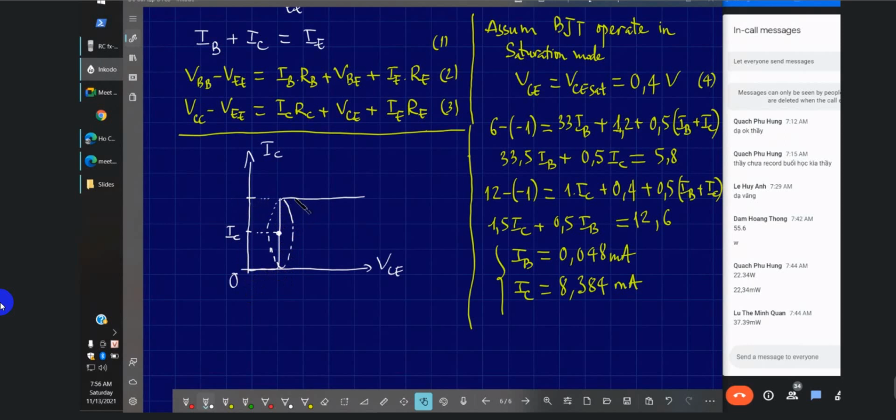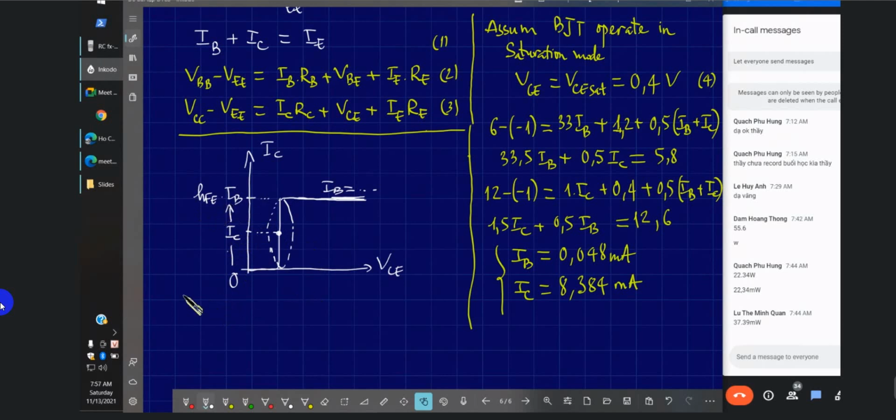The maximum value for amplifying mode of IC, according to a given IB, should be HFE multiplied by IB. So IC will operate from zero to a maximum of HFE multiplied by IB.